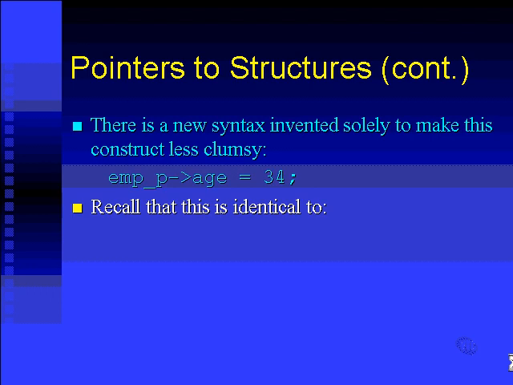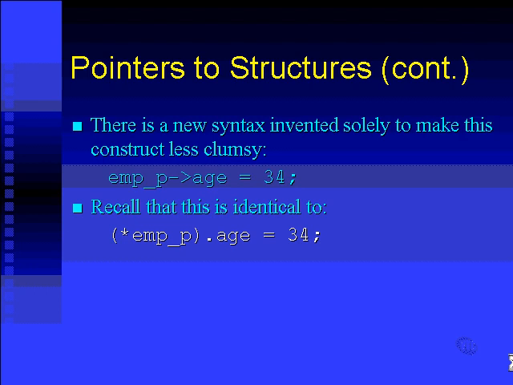Compare this with what we just had on the previous slide a moment ago. Brackets star emp close brackets dot age. Instead, we've got emp pointing to age. It's much simpler syntax. So to summarize this, if we're trying to find one of the fields of a structure, we use a dot.